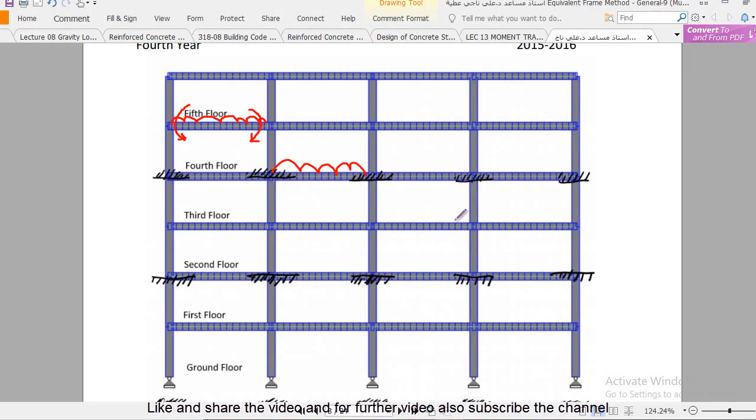Okay, let me discuss it. Here you see, for example, you calculate the moment right here due to lateral loading. Let's say its direction is in this way, and you calculate the unbalanced moment due to live load, it will be in this way. Similarly here, let's say you find out the direction, and it will be in this way.